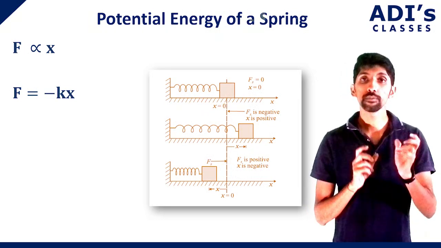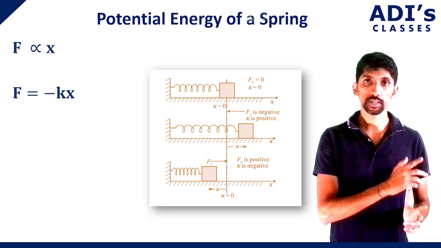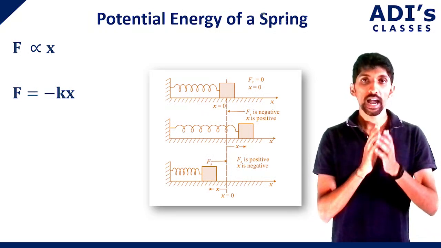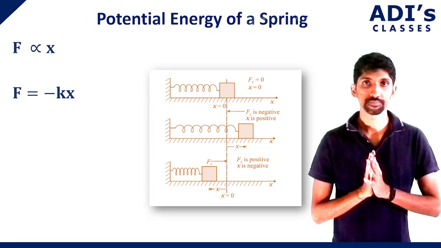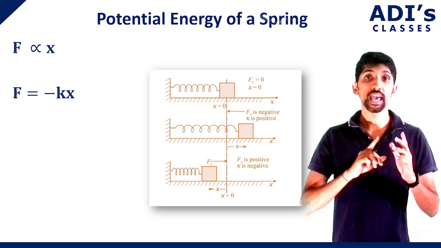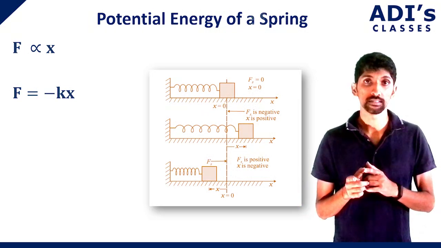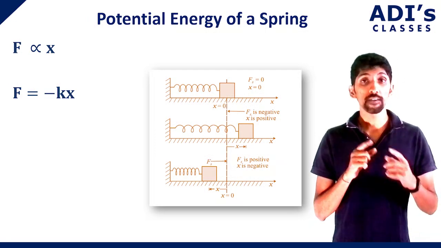Now why do we get the negative symbol? That's a very important thing. If you look at the figure here, at position X equal to 0, F is equal to 0. Now in the second figure, as X is increasing, F also changes.